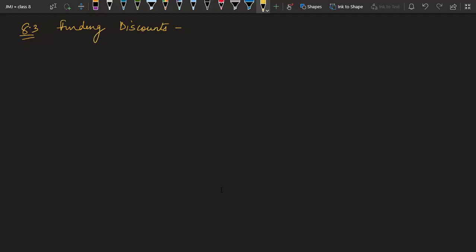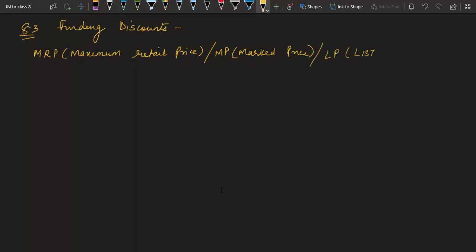Before discounts we have a term known as MRP, which is maximum retail price, or we call it MP, that is marked price, or LP, list price. They are all the same.